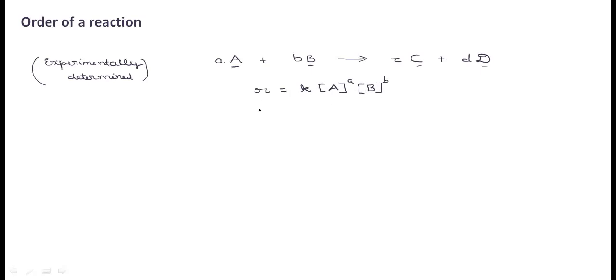So it is considered as the rate equation form for this equation. Now, the order of such a rate equation can be given as the sum of these power terms. Now, a plus b in this given rate equation determines the order of a chemical reaction.